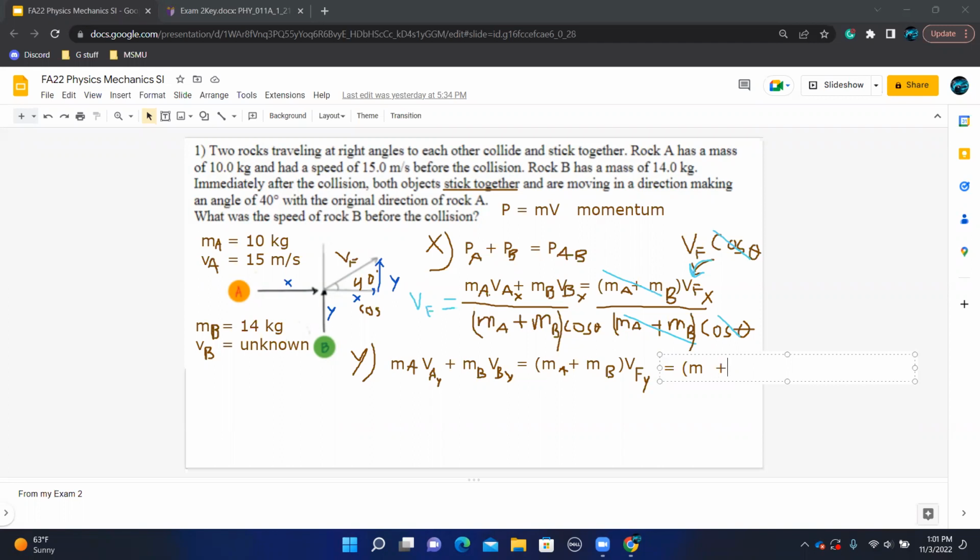I'll leave space. Because again, that's over here, so it's opposite, so opposite over hypotenuse, sine.